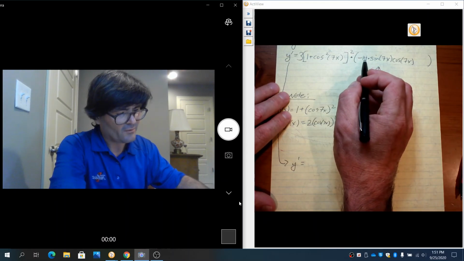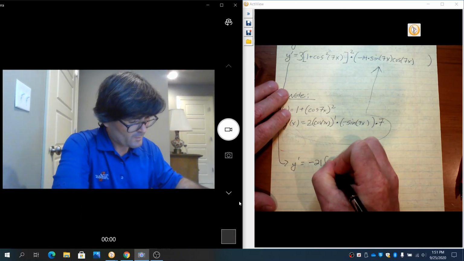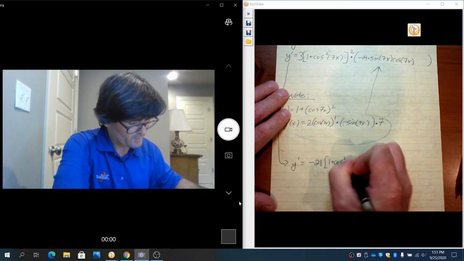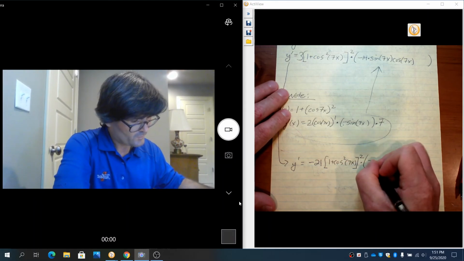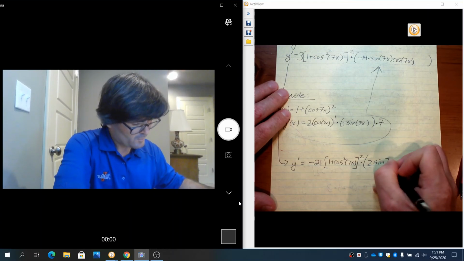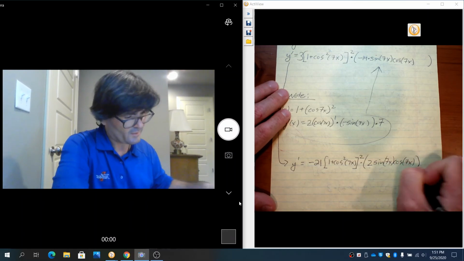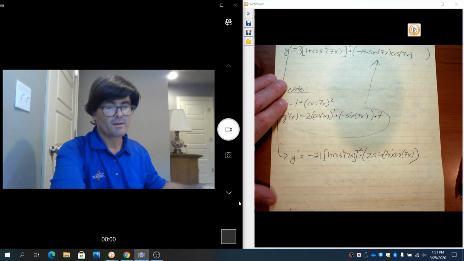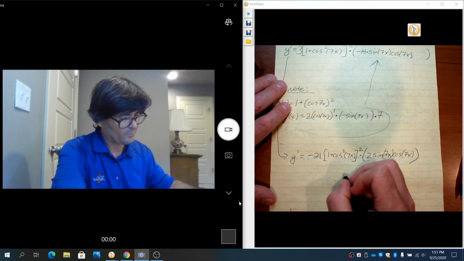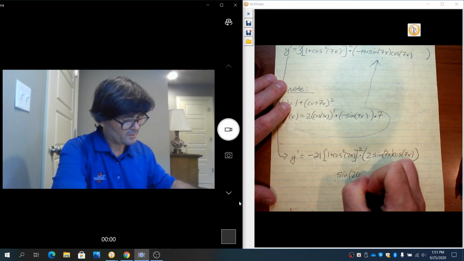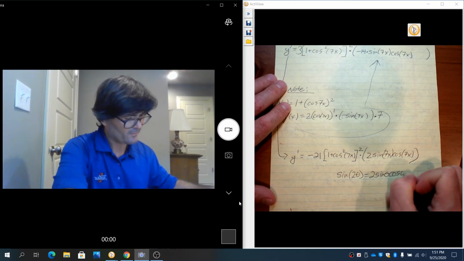So I'm going to take negative 7 out here, and we'll have negative 21 times 1 plus cosine squared of 7x squared times 2 sine 7x cosine 7x. So I'm just cleaning this up, and I've written this now in the format of the double angle formula for sine. Once again, I'll just write it down. Sine 2 theta equals 2 sine of theta times cosine theta.